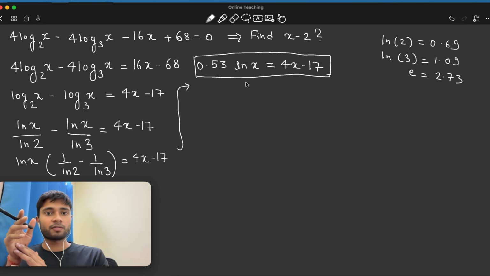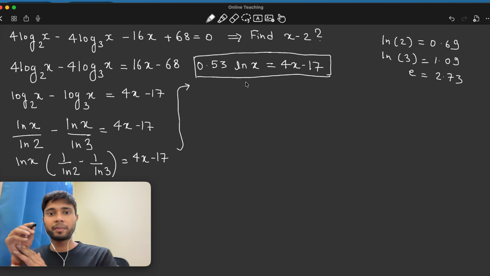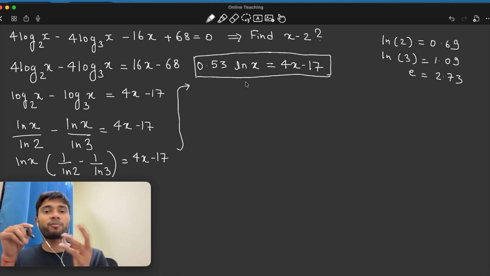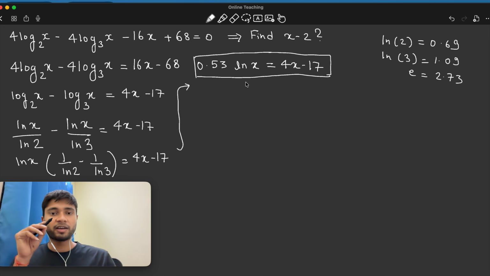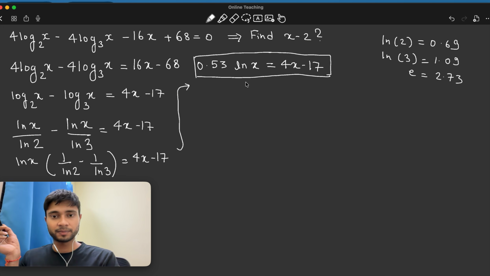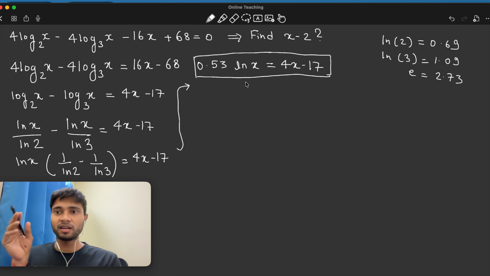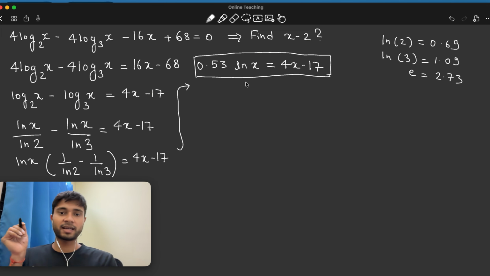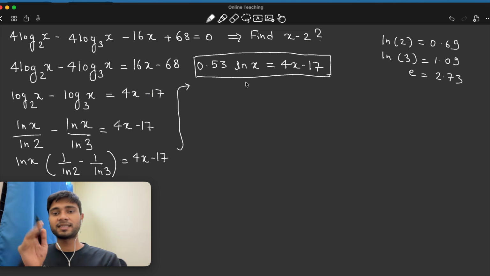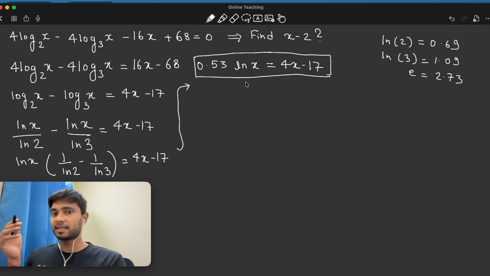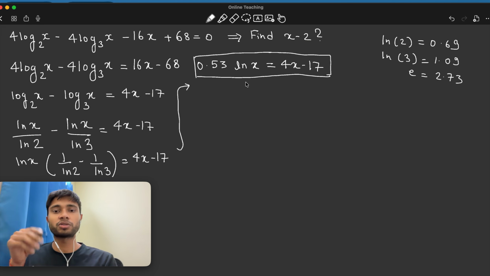What if I am able to plot the graph of 0.53 ln x? Similarly, if I can plot the graph of 4x minus 17, which is nothing but a straight line, and see where these two graphs intersect. If they are intersecting, then there is a solution. If they are not intersecting, then there is no solution of this equation.